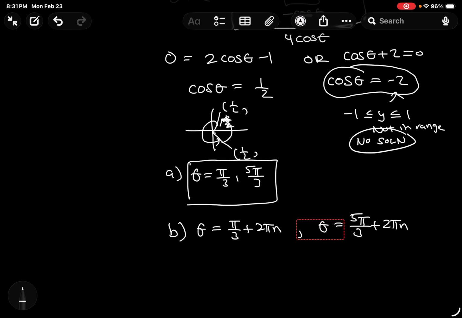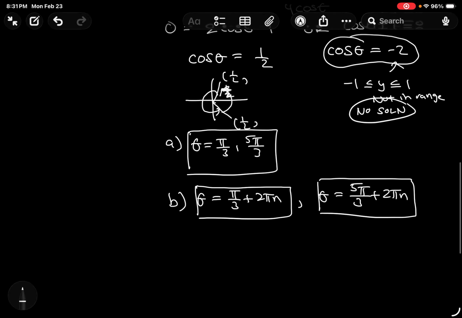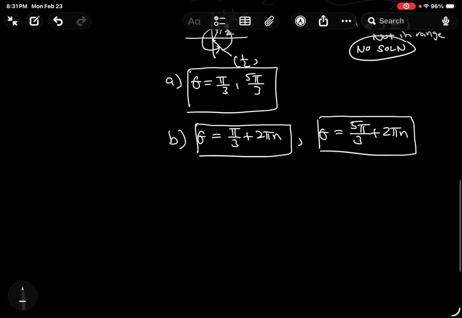If you can't find a common distance between the solutions, then you just simply add the period, because the period tells you how far you have to go before you hit your original solution. It's the horizontal length of one cycle.